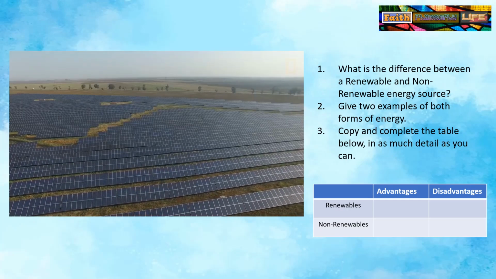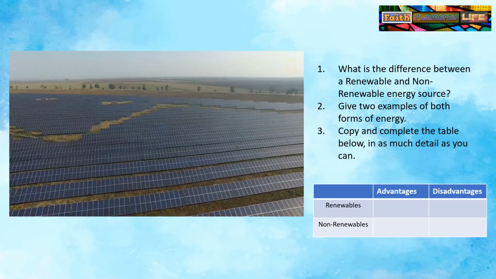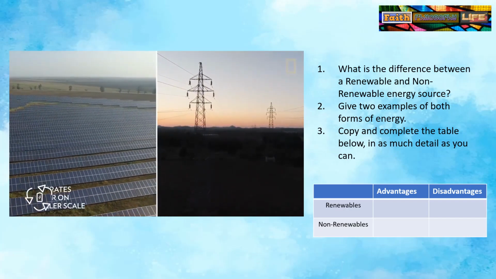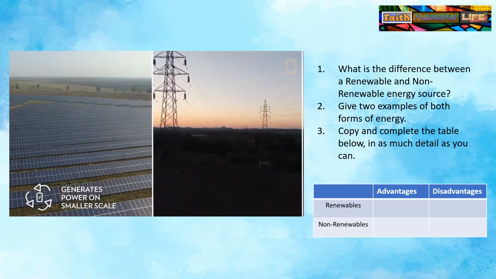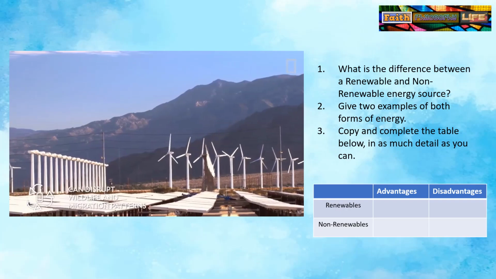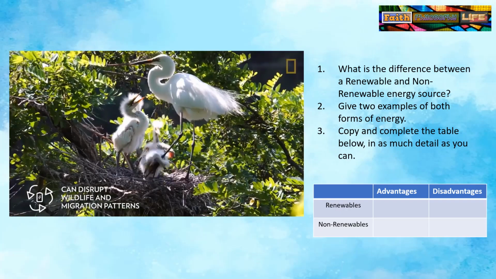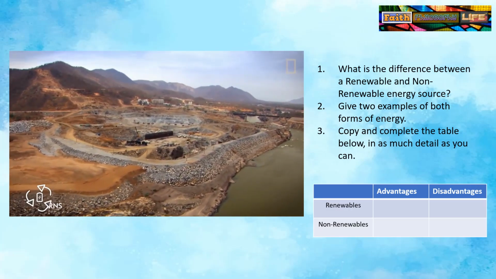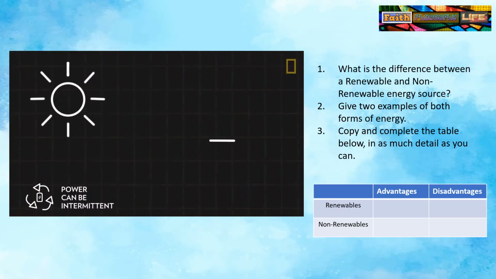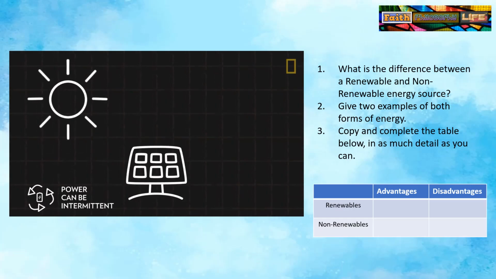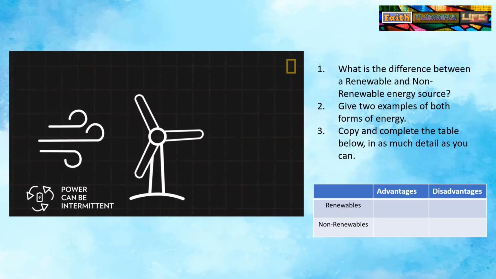While renewable energy has many advantages, it is not without downsides. It is difficult for renewable energy sources to generate power on the same large scale as fossil fuels. Building wind farms and dams can disrupt wildlife and migration patterns and lead to ecological destruction. Both solar and wind energy are intermittent. They only generate power while the sun is shining or while the wind is blowing.